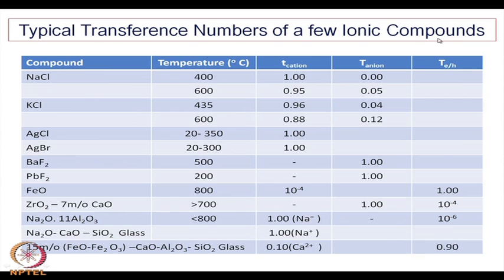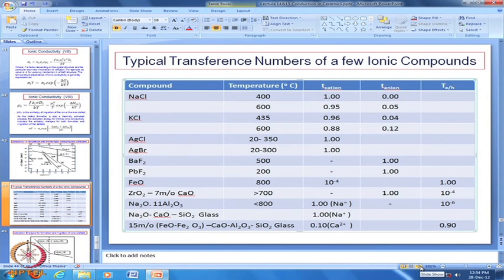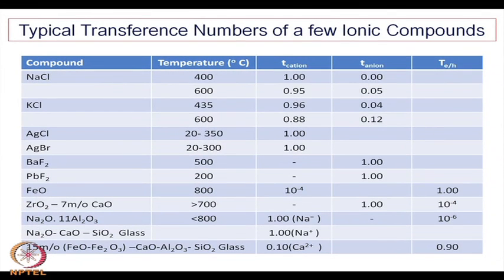Okay. So, coming back to the table, these are the typical transference numbers of a few ionic compounds.